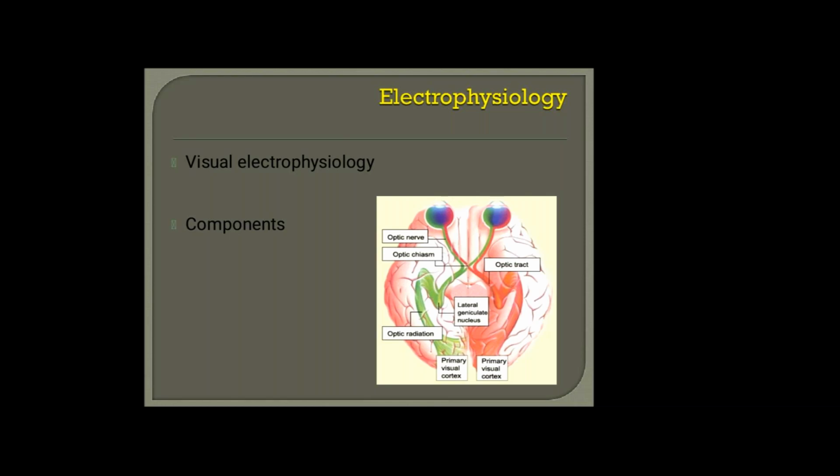To identify the functional status, you must seek the help of electrophysiology. It is a robust test that helps you assess the health of the neurosensory part of your eye. These are the basic components in the slide, from the retina to the visual cortex, and these are the components at every step in between.